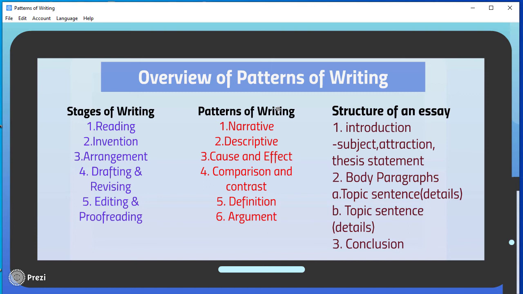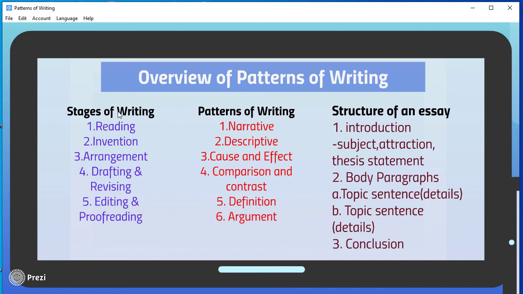You need to get some sources, some knowledge, some information. What do you do? You read some books, you go to the library, or you surf around the internet. That means you study, and this is the first stage of writing.